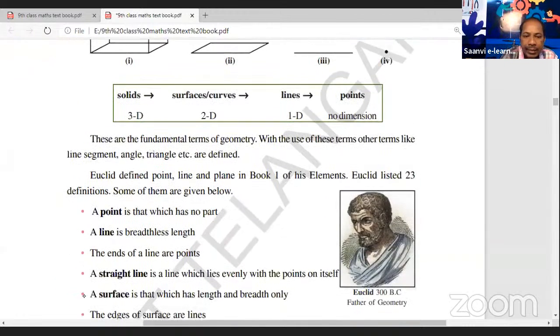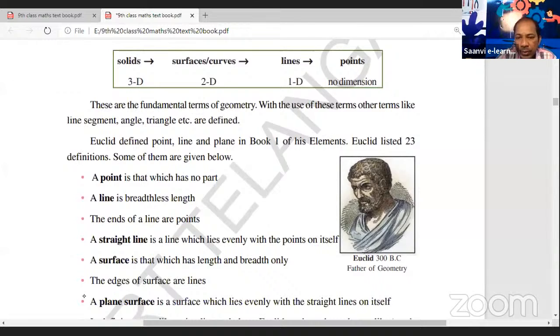See children, here Euclid's photo is given. This person is Euclid, a great person. He is the founder, or we can call him the father, of geometry.